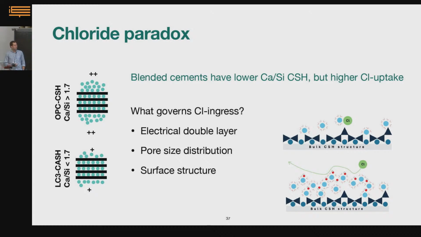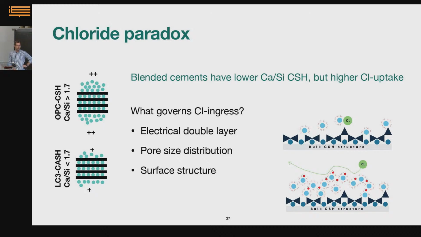Chloride is negative, so chloride should prefer the high calcium silicon ratio CSH from OPC over that from the blended cements, but the opposite happens. So the question is why? My hypothesis, which I write in my grant proposals, is that we know the pore structure in blended cements is different. It's more fine, if I remember correctly.